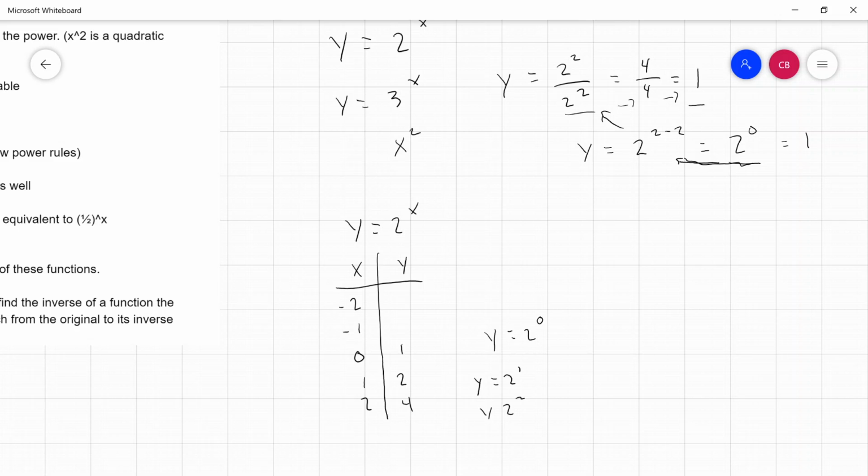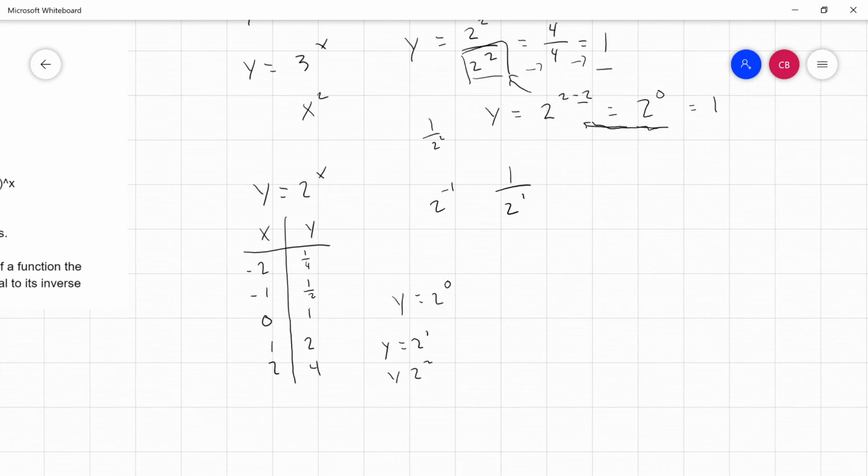2 to the 0 must be 1. Now, if you have 2 to the -1, this must be 1 over 2 to the 1, which is 1/2. And then 2 to the -2 is 1 over 2 to the second, which is 1/4. So we get all these nice points and we can graph this.